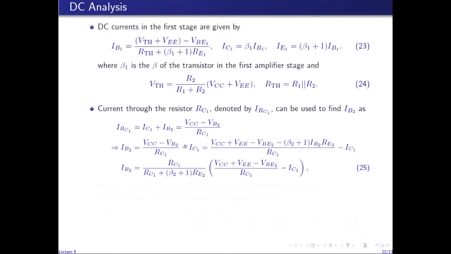So because of this negative sign, the signs of these terms are reversed. Then I can take this term, which has this factor of IB2, this unknown variable IB2, onto the other side, simplify and solve, and this is the expression we get for the base current of the second stage, where again I have represented the current gain of the second transistor with beta 2. So beta 2 is the beta of the transistor in the second stage.